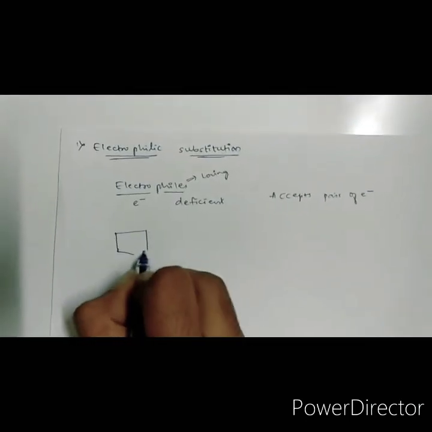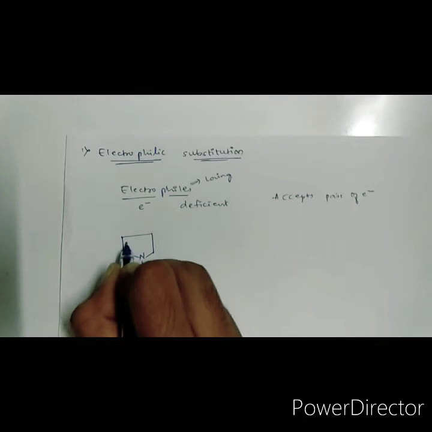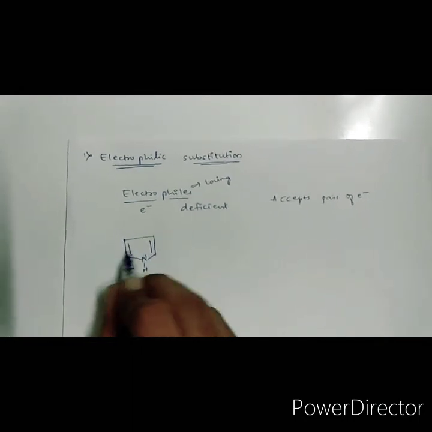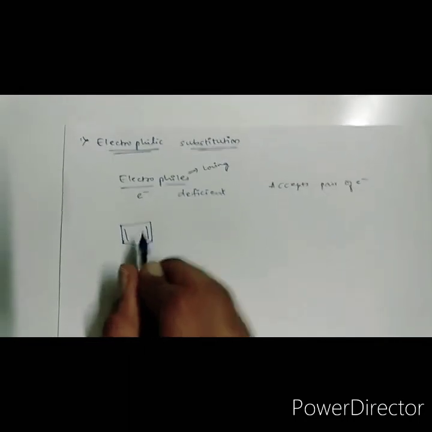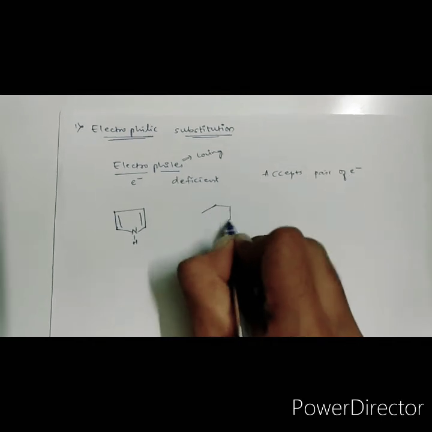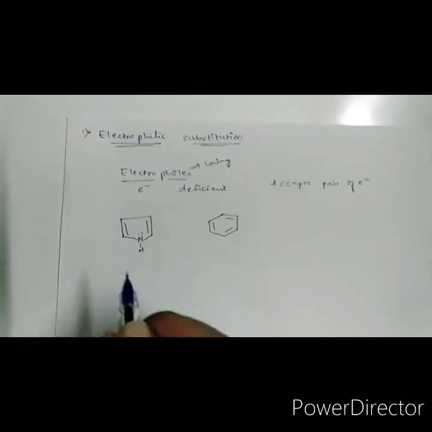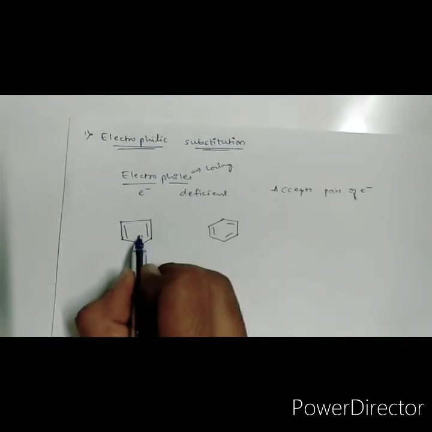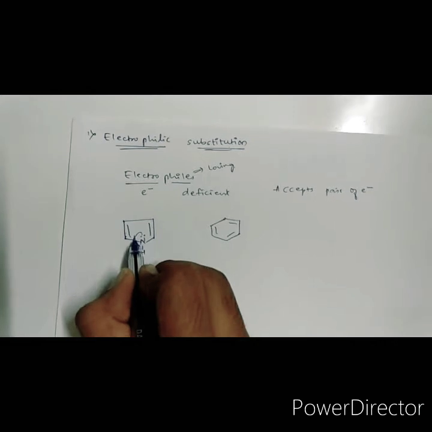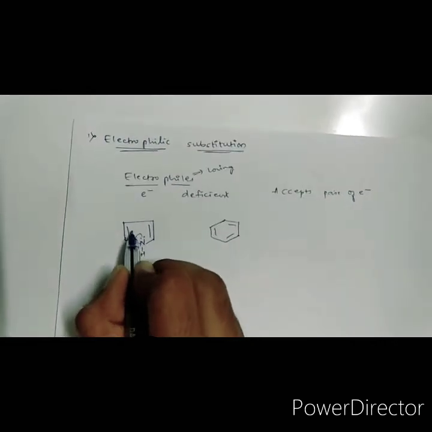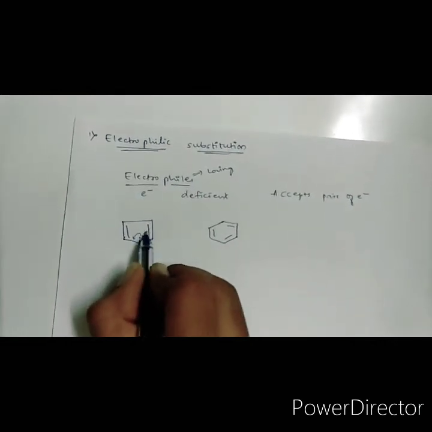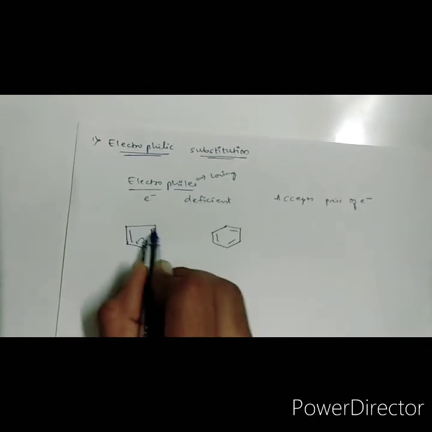Now in case of pyrrole, it is a 5-membered cyclic structure with nitrogen as heteroatom and 2 unsaturated or pi bonds. And another structure is of benzene. Now in these two, as we know, nitrogen has a lone pair of electrons. So this lone pair of electrons can be donated to adjacent carbon atoms and it undergoes delocalization with the pi bonds of the pyrrole.